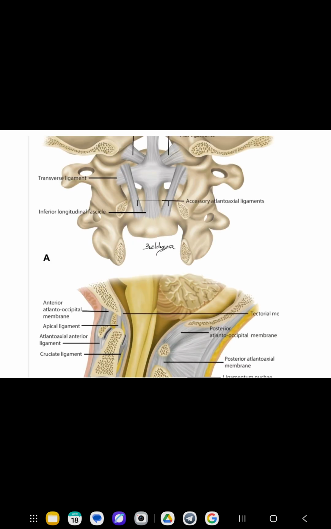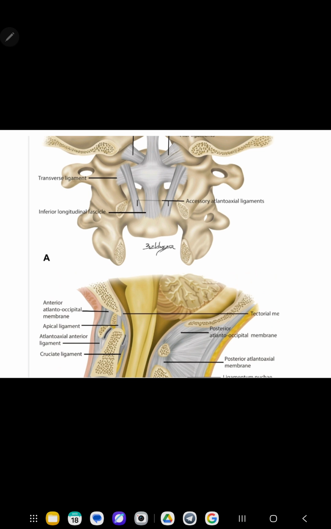Now when we are looking into the ligaments, as we have already told, the transverse ligament is behind the odontoid process, and this is actually part of a cruciform or cruciate ligament, just like the shape of an X. Why? It is having two fascicles, superior fascicle attaching to occiput and inferior fascicle attaching to axis.